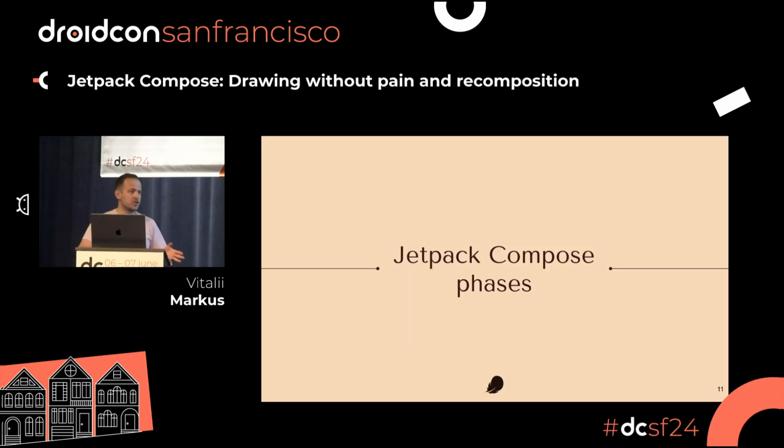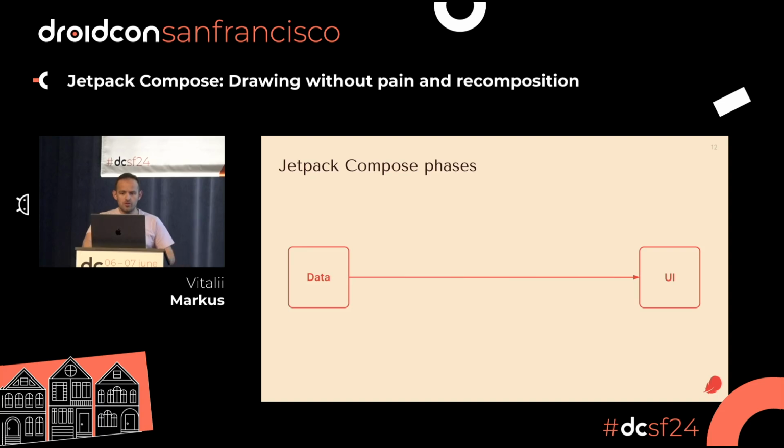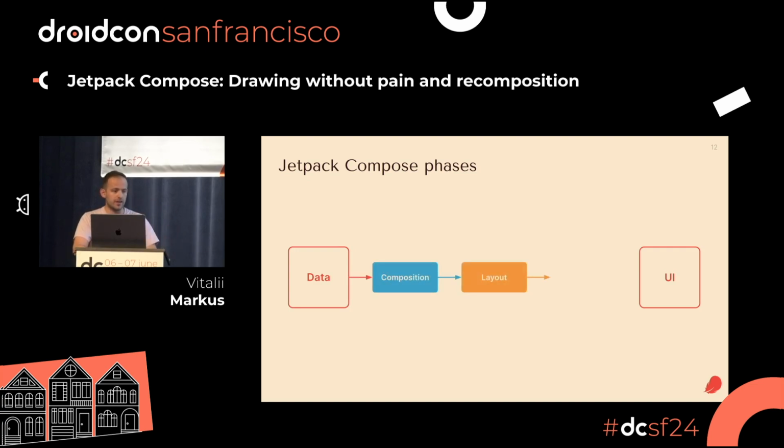So let's start with Jetpack Compose. We all know that it's a new declarative framework that shows data on the UI. It consists of 3 phases: composition, layout, and drawing.